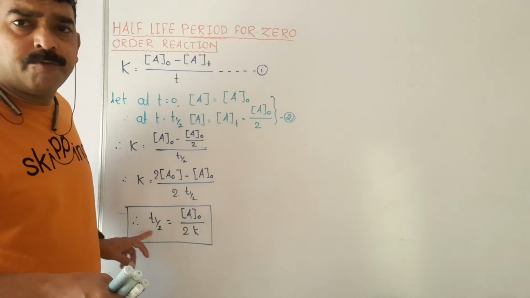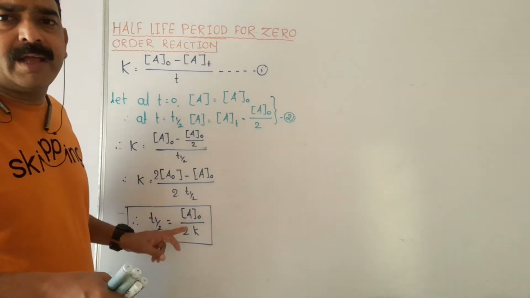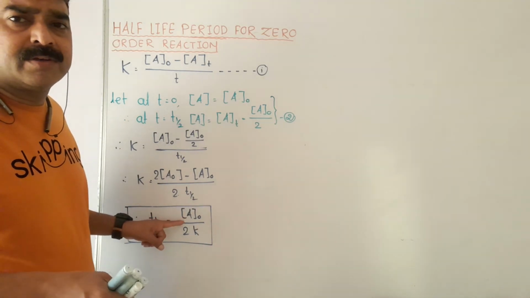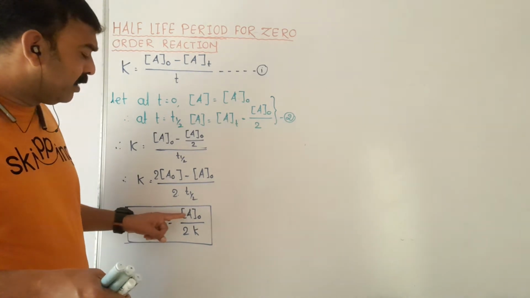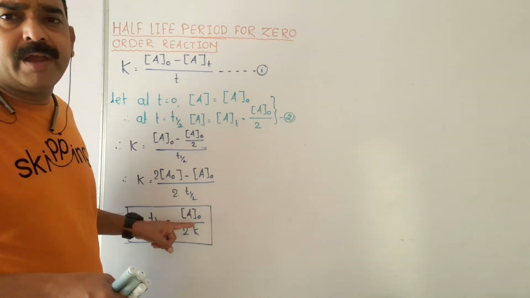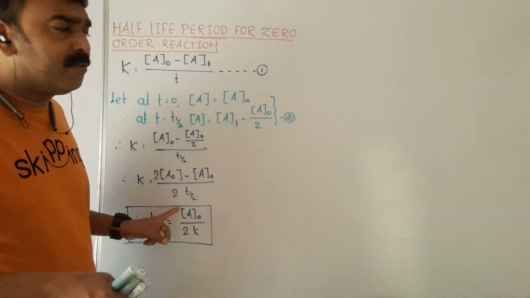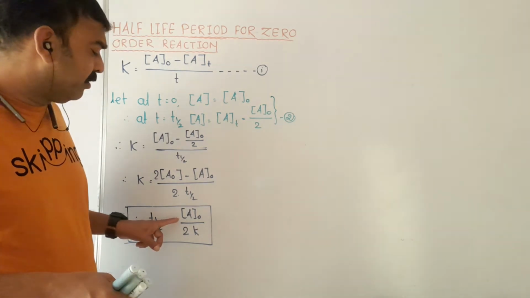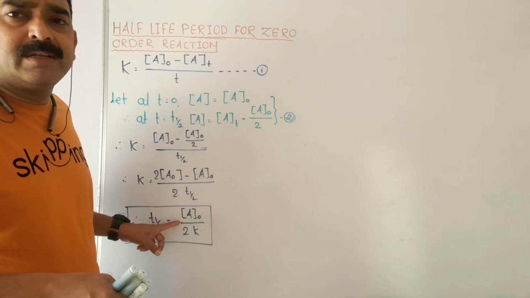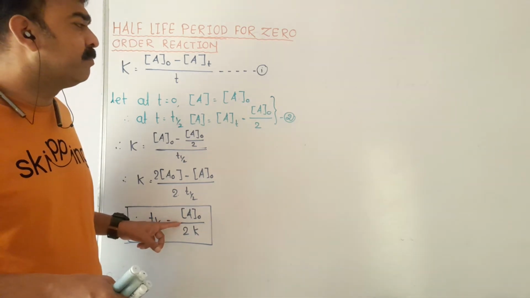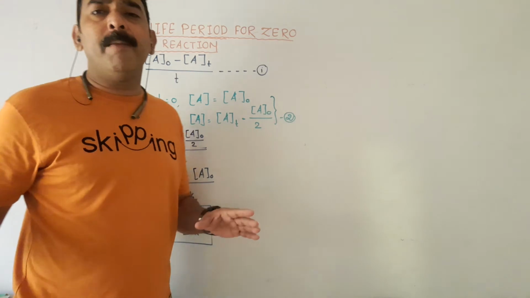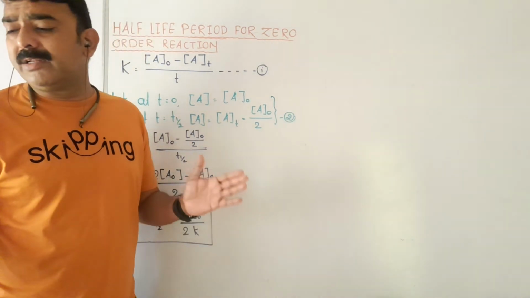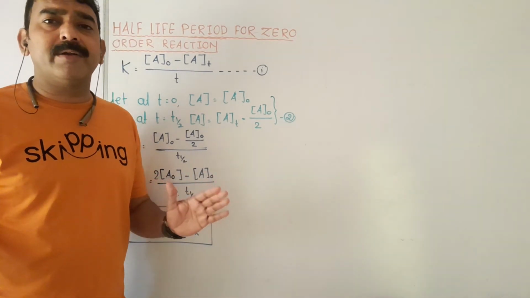Now, from this equation, it is very clear that the half-life period for zero order reaction depends upon the initial concentration of reactant. Whereas we know that the half-life period for first order reaction is independent of initial concentration of reactant.